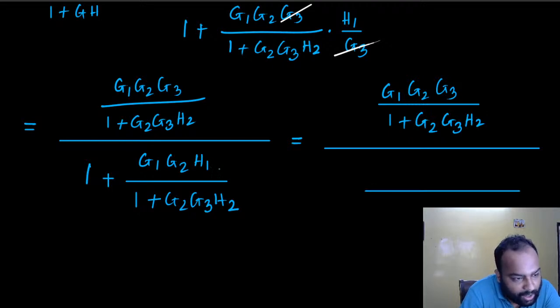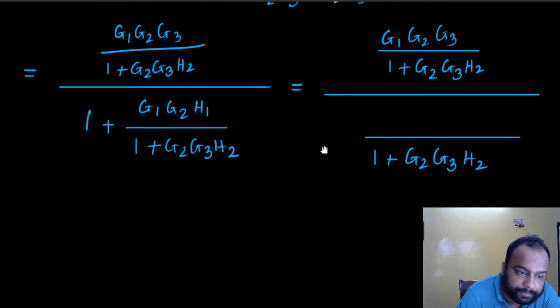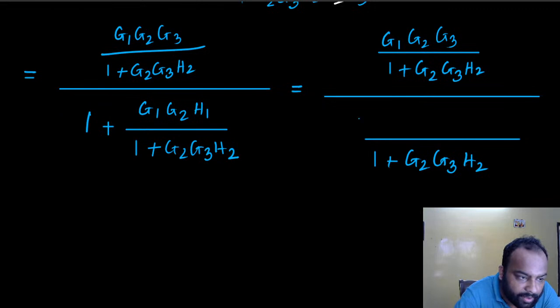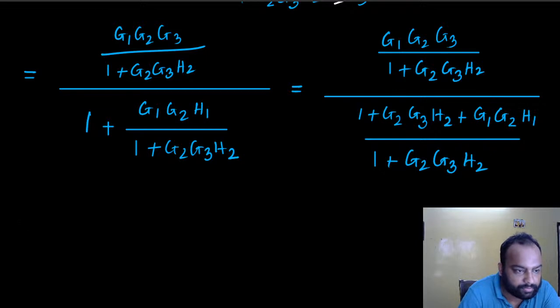I'm combining this one with here, so this becomes 1 plus G2, G3, H2, and then I have 1 plus G2, G3, H2 plus G1, G2, H1.